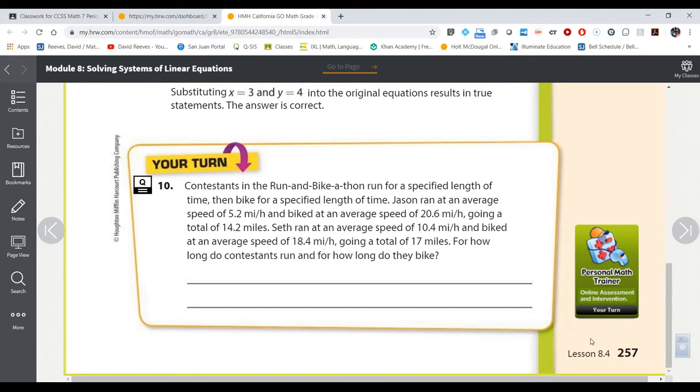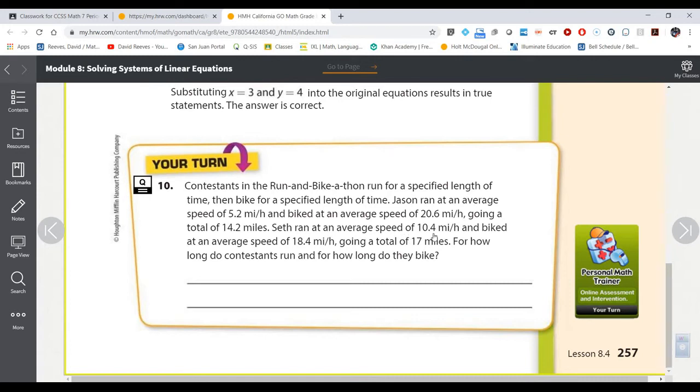All right, so this, as you can see, is on the bottom of page 257, your turn number 10. Contestants in the run and bike-a-thon run for a specified length of time, then bike for a specified length of time. Jason ran at an average speed of 5.2 miles an hour and biked at an average speed of 20.6 miles an hour, going a total of 14.2 miles.